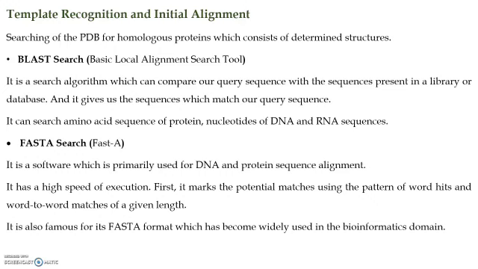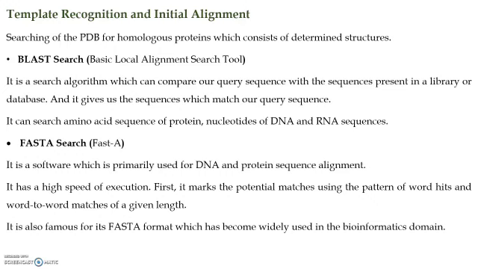BLAST is a search algorithm which can compare our query sequence with the sequences present in a library or database, and it gives us the sequences which match our query sequence. It can search amino acid sequences of proteins and nucleotide sequences of DNA and RNA. FASTA is software primarily used for DNA and protein sequence alignment.